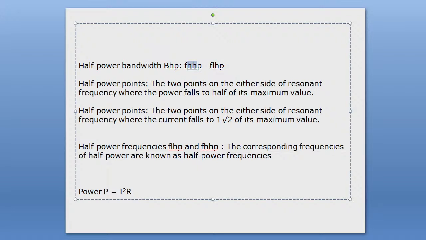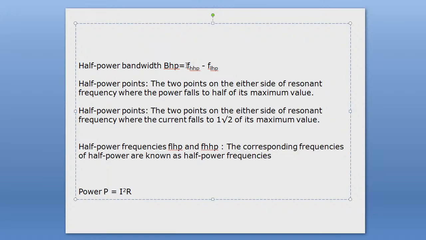The half power frequencies you can write like this: low half power frequency and high half power frequency. So this is the high half power frequency, and this is the low half power frequency.